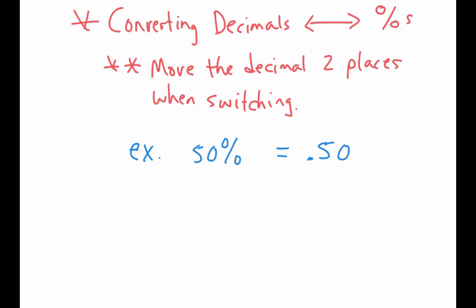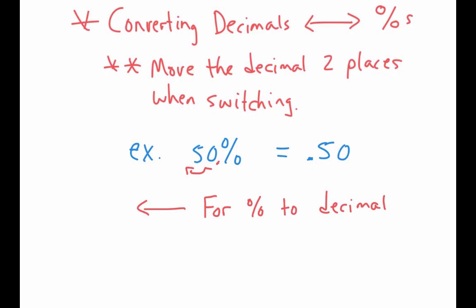But essentially, if you're trying to go from a percent to a decimal, do you agree the decimal point was originally right there? 50 point? So if you want to do percent to decimal, we have to do 2 jumps to the left. So you go this way for percent to a decimal.